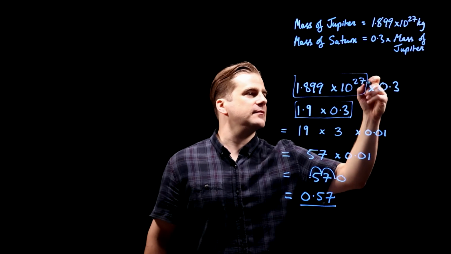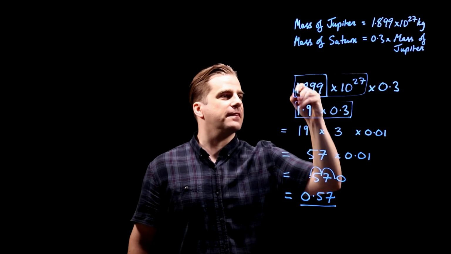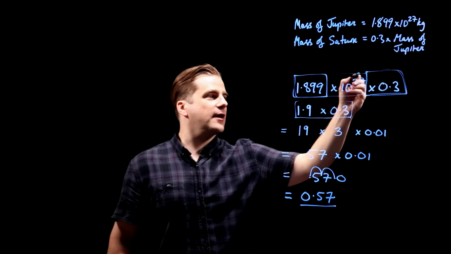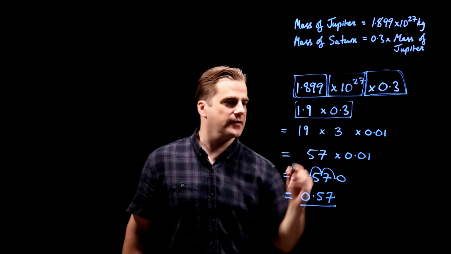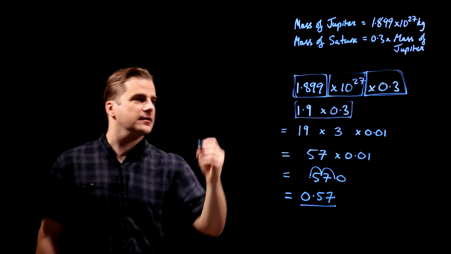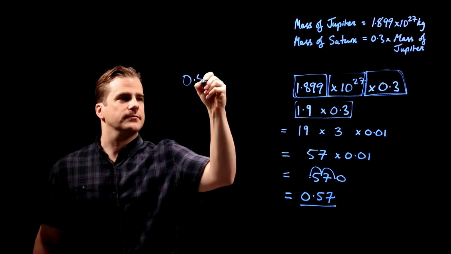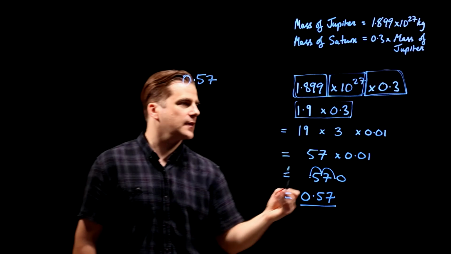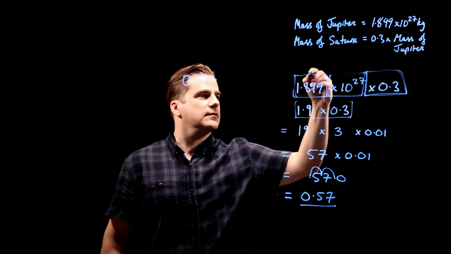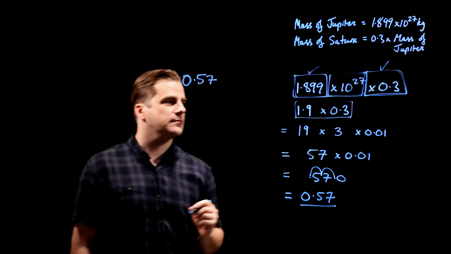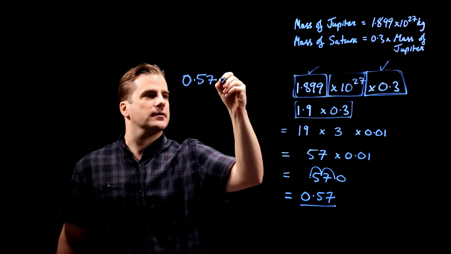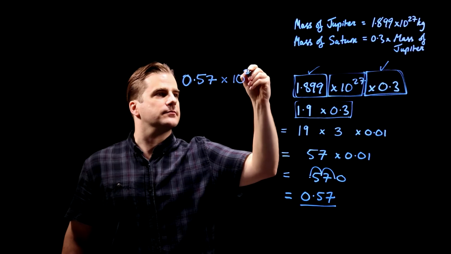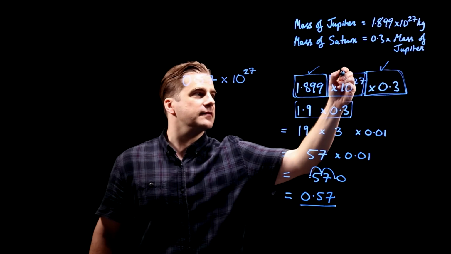Sorry, not that bit. That bit. Okay, now we have to worry about this bit. So the overall estimate is 0.57. Okay, that's this bit and this bit, times 10 to 27. Okay, that's that bit.